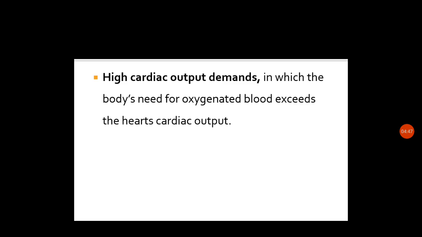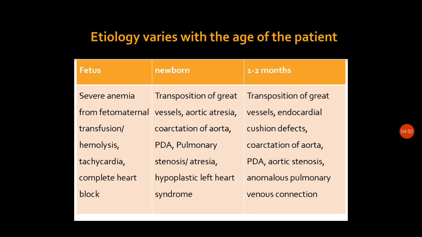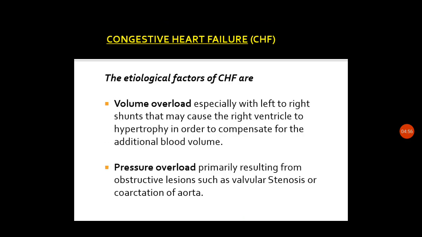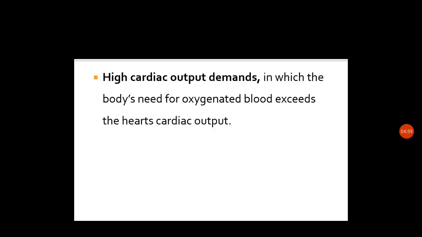So we discussed four factors: volume overload, pressure overload, decreased contractility, and high cardiac output demands. In all these conditions, the person will have a decreased output that is not able to meet the demands of the body. That is congestive cardiac failure.